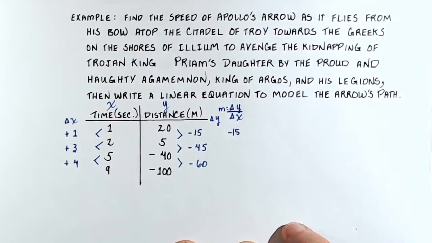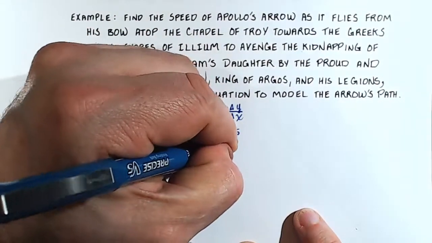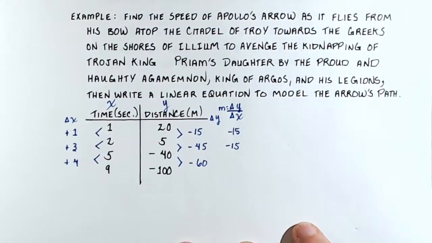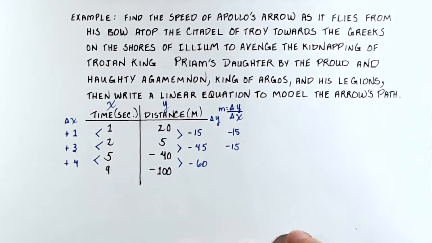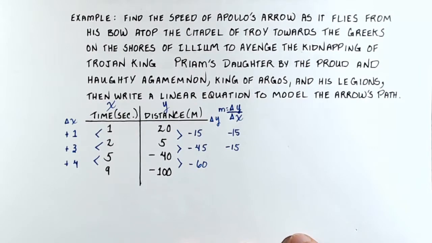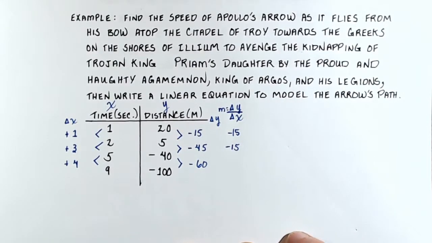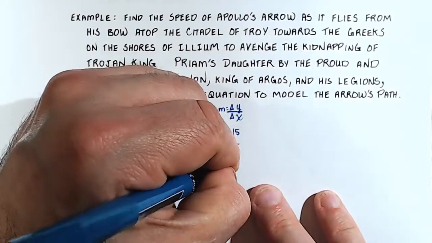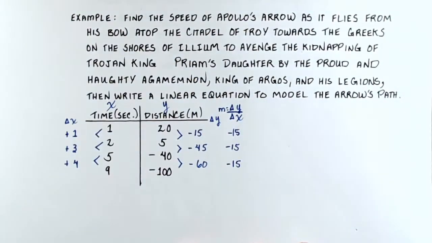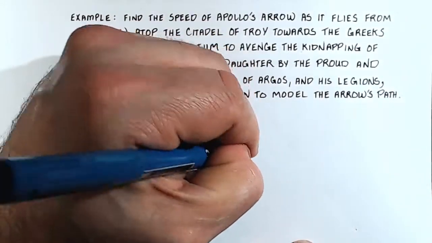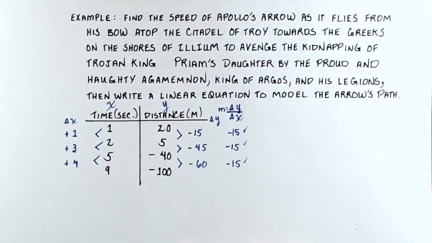Negative 45 over 3 can be reduced down to negative 15. Negative 60 over 4, well, you think about a clock, you've got 60 minutes in an hour. That can be broken up into 4 pieces. Each piece is 15 minutes, so 60 over 4 is just 15. Put a negative in front of it, negative 15. So the slope is the same, and that means that the slope is negative 15.